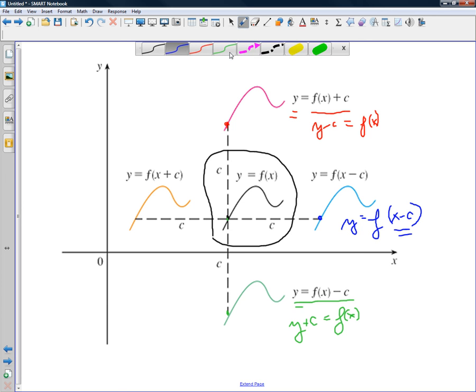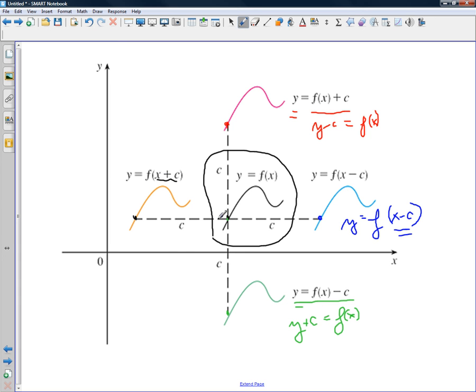So one last one here to look at would be this yellow one. And think about this. If we are exactly c units back, we would have to add c on, right? Notice that the c is with the x.